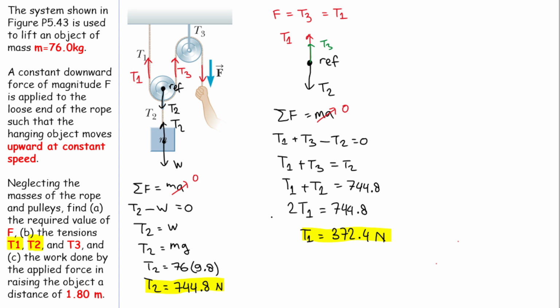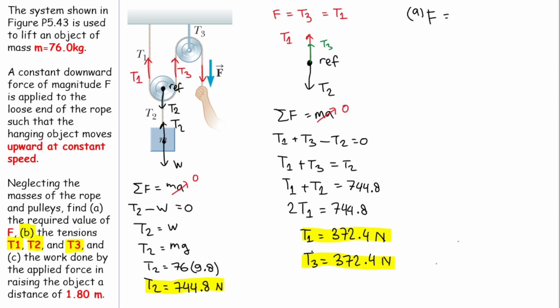However, we also have T3. T1 and T3 are the same, so T3 here is 372.4 Newtons. So that is T3. Good, we have answered all of question B. Now we can also answer question A. We need to find this F, but F is equal to T3 and T1.